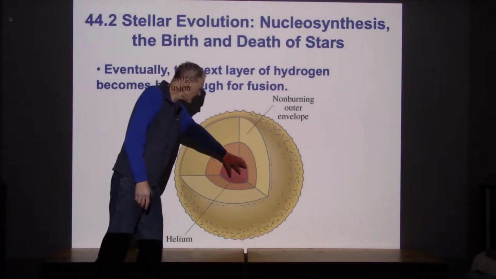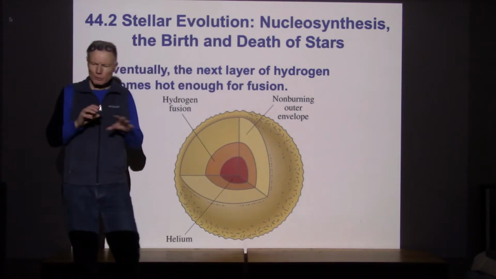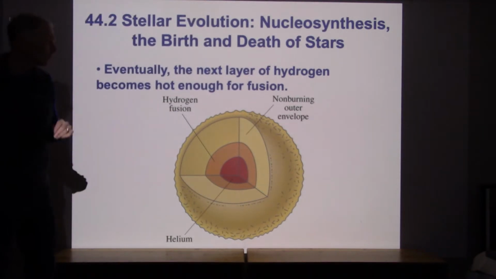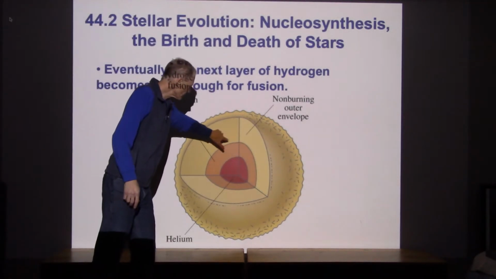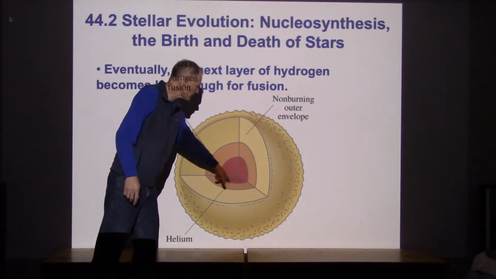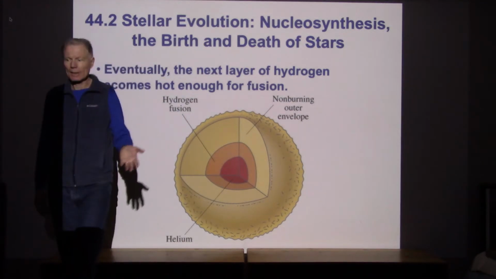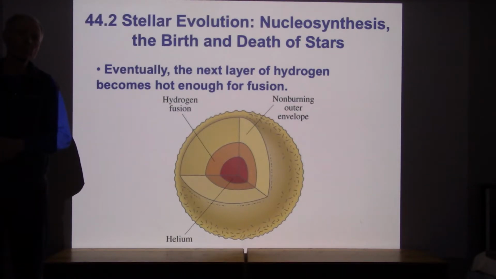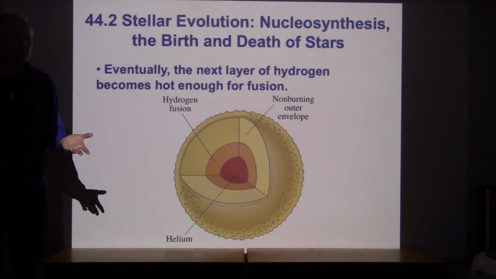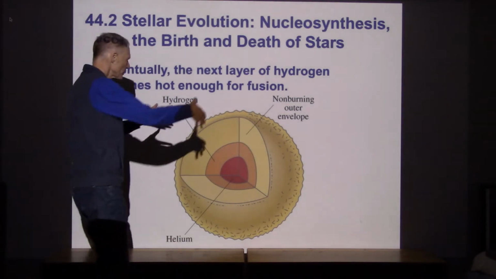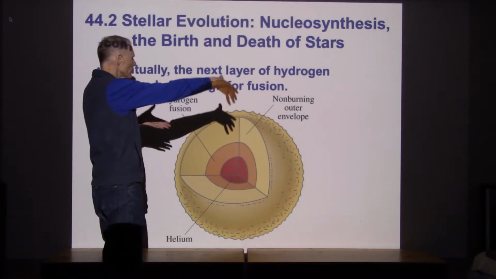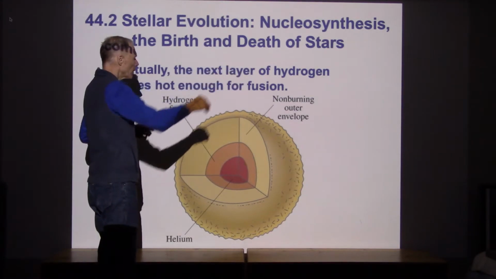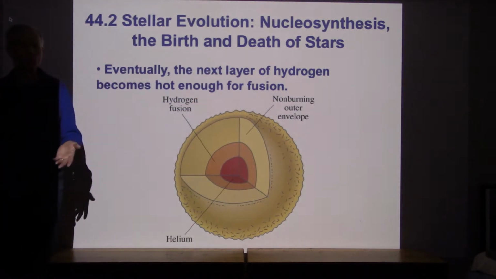Now, once the helium fusion starts, you're generating all of this energy, and the next shell outside, even though the temperatures there are not high enough for helium fusion, they're high enough for hydrogen fusion. So the models that we run of what's going on inside these stars show that you get these concentric regions of different sorts of fusion reactions going on.